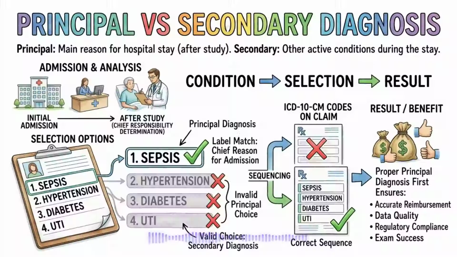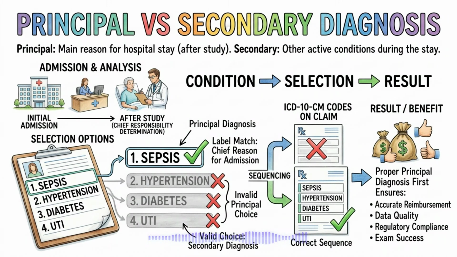One of the most important concepts in diagnosis coding is understanding the difference between a principal diagnosis and a secondary diagnosis. The principal diagnosis is defined as the condition established after study to be chiefly responsible for occasioning the admission of the patient to the hospital.